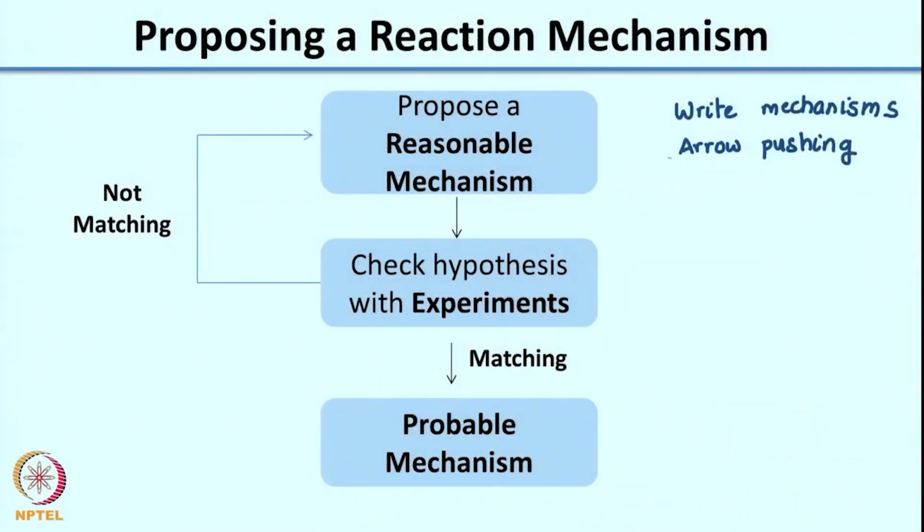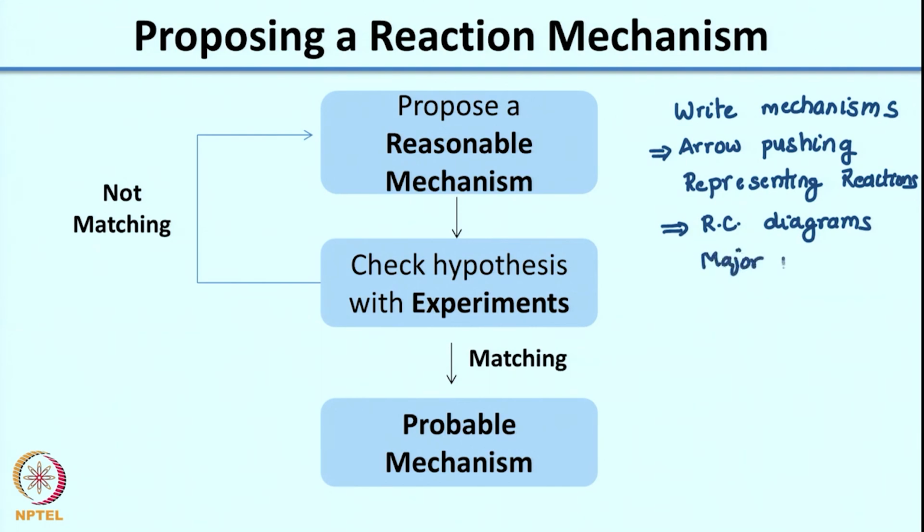So, we looked at arrow pushing, then we looked at representing reactions. We looked at reaction coordinate diagrams. And we saw that looking at reaction coordinate diagrams, we get an idea about what could be the major product that is formed in a reaction.